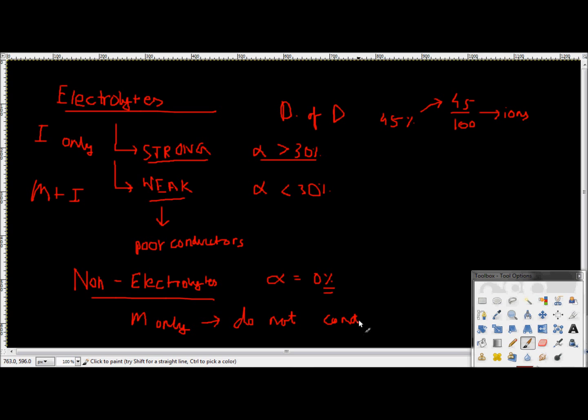Okay, now just going to go through some very quick examples here. For strong electrolytes, you could divide it into acids. Now, most of the strong acids are strong electrolytes, so you could write HCl, you could write H2SO4.